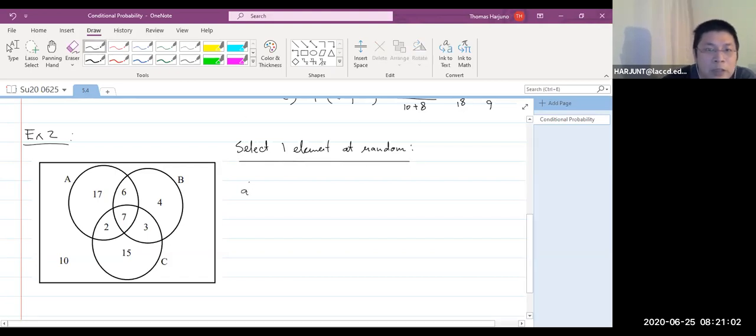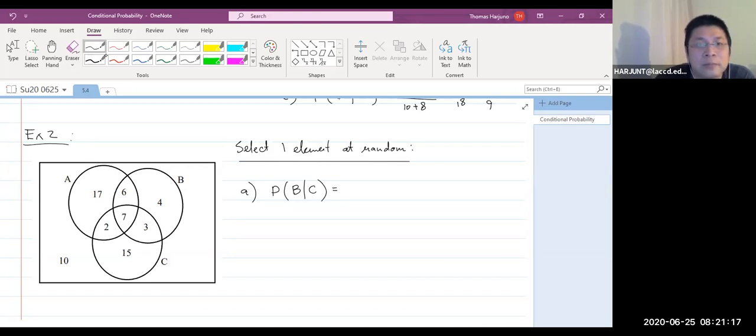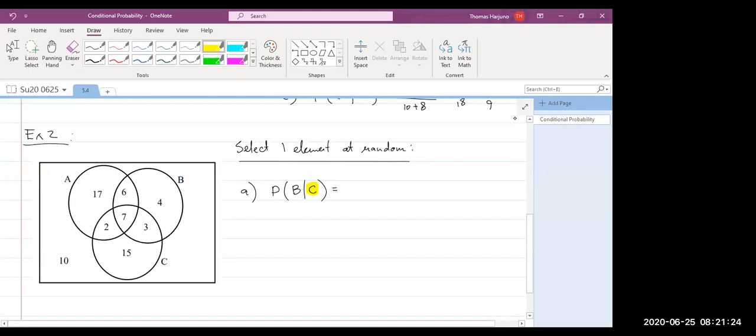Now let's say, for example, from here, find the probability of selecting B given C. So which is the given? The given is C, right? So that will be our denominator.